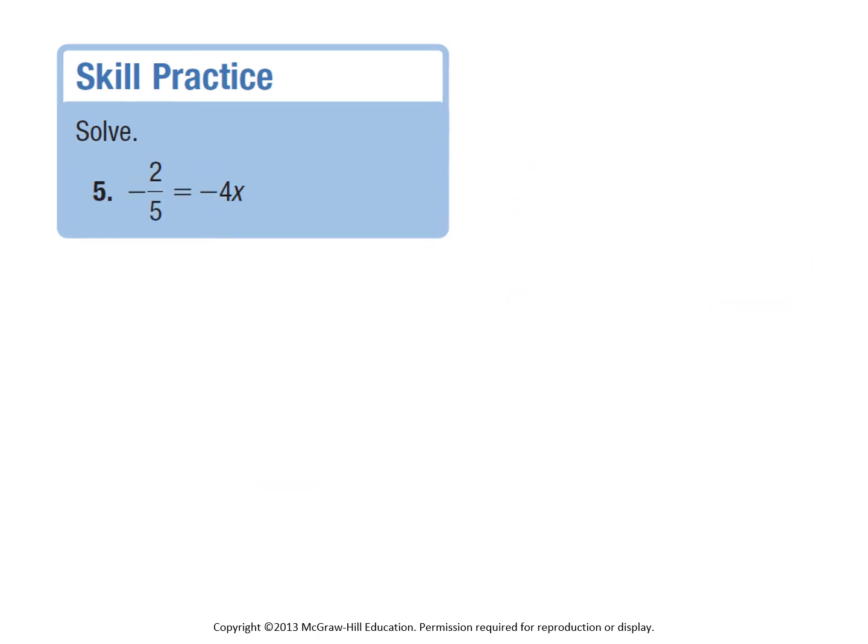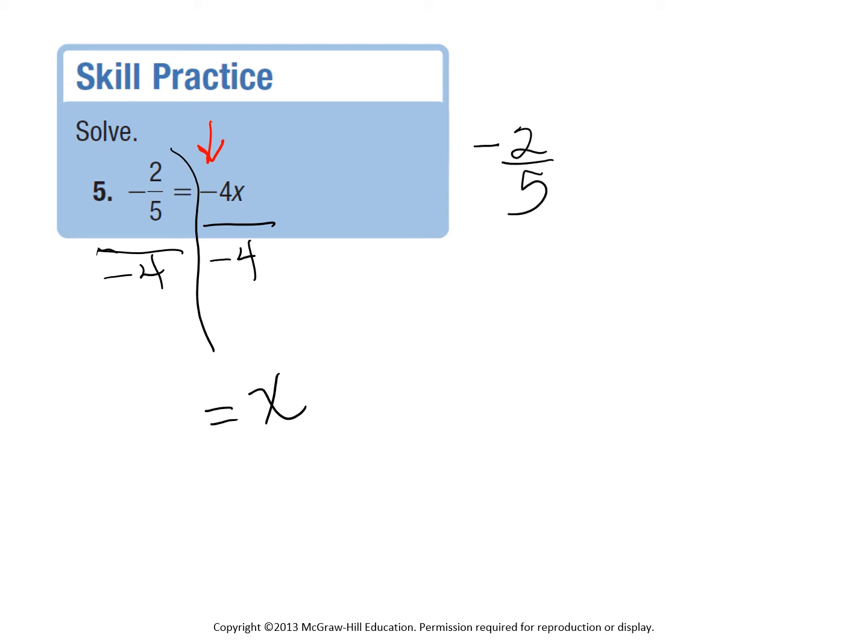So for number 5, again, I want to eliminate a coefficient, negative 4. So if I divide both sides of this equation by the coefficient, I'm dividing both sides by negative 4. So I have negative 2/5 divided by negative 4.